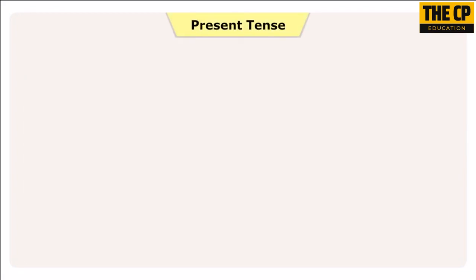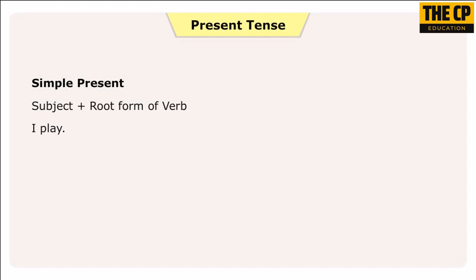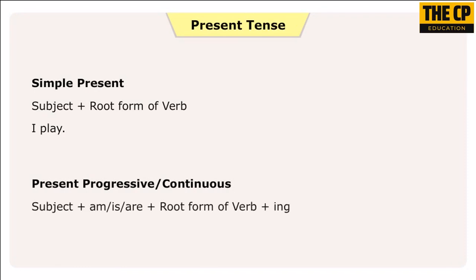Let's begin with the present tense. Simple present: subject plus root form of verb. I play. Present progressive or continuous: subject plus am or is or are plus root form of verb plus ing.